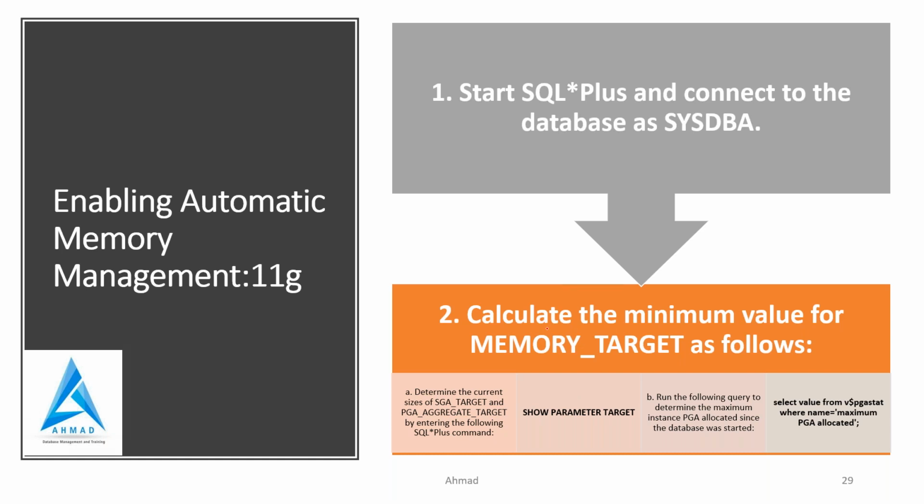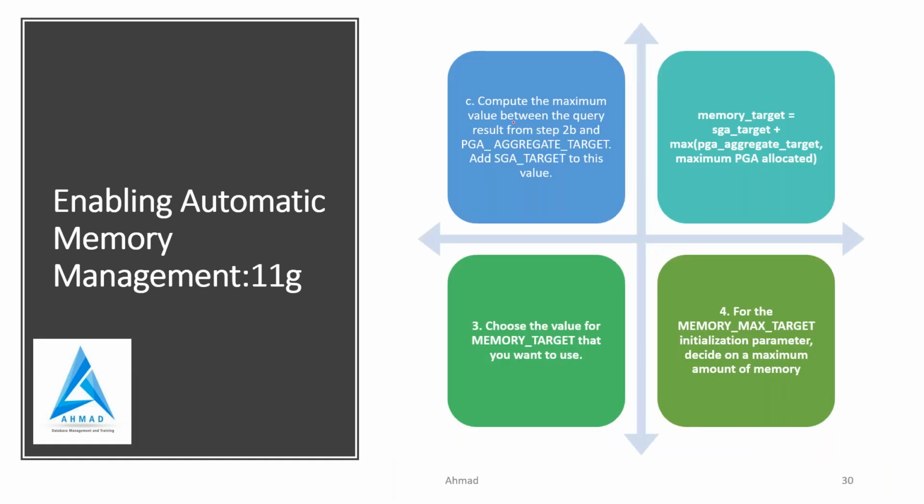So like this, you can do that, and compute the maximum value between the query result from step 2 and PGA target and SGA target. Basically, the formula is memory target equals SGA target plus maximum of PGA target and maximum PGA allocated.